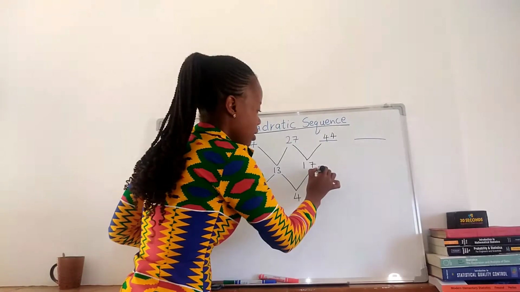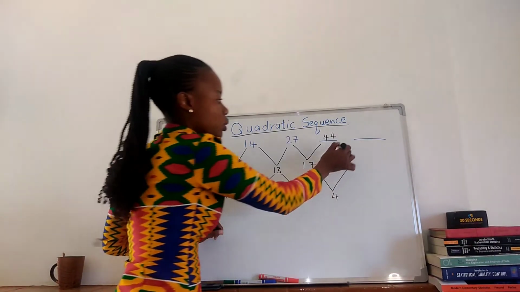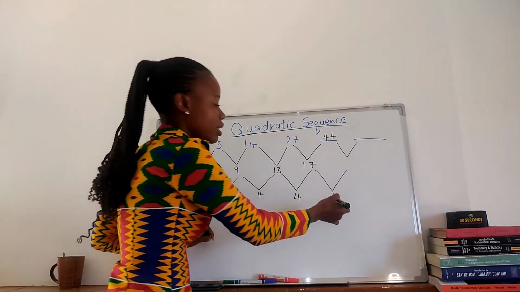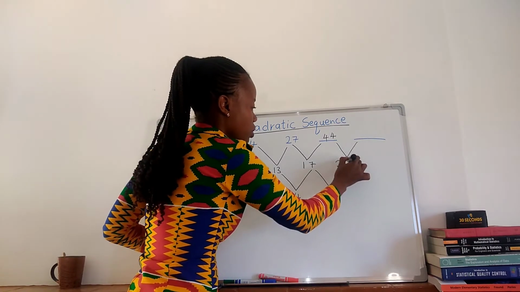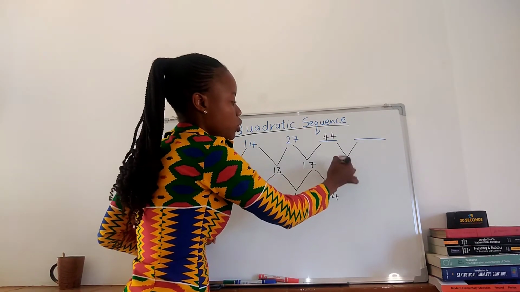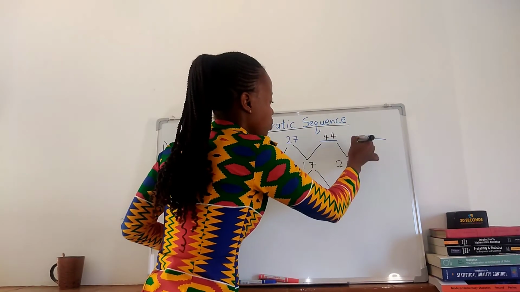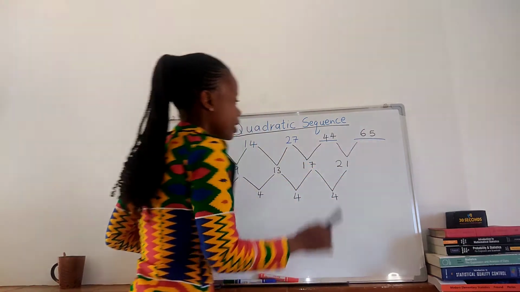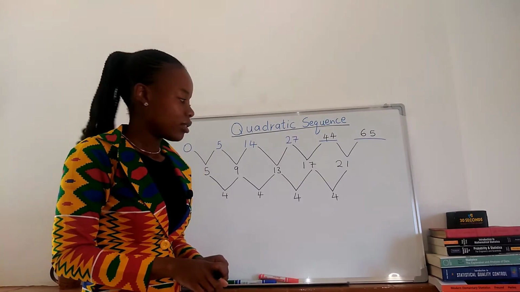After that, we add 4 to 17 to get the difference here. If we add 4 to 17, we get 21. So we're going to add 21 to 44, and this is going to be 65. So our next two terms are 44 and 65.